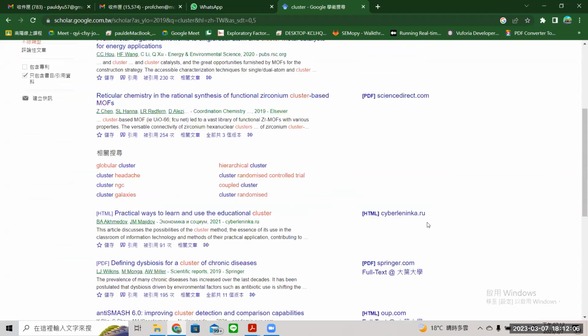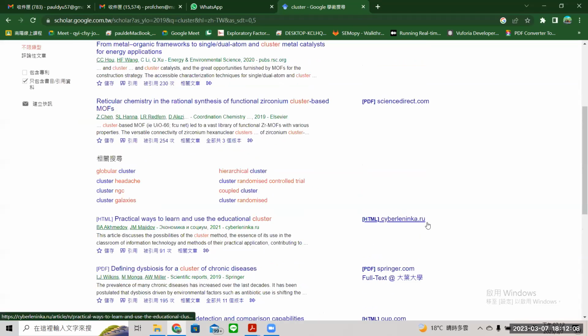That means this field is very attractive to scholars who try to launch big data analysis. So I think you can also try this field to begin your student project or term project from this field. Okay, then go back.